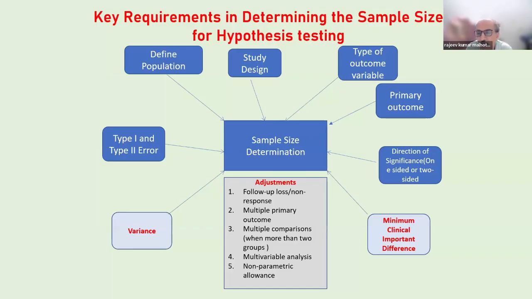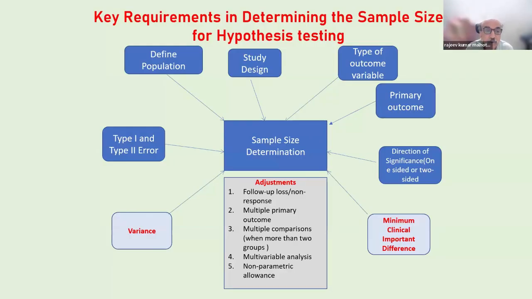For the safe side, go for two-sided. If you go one-sided, the ethical committee can ask why you are going for one-sided. So it is better to be safe, but with two-sided the sample size is larger. With one-sided, the sample size is smaller, I think 20 to 25% smaller.